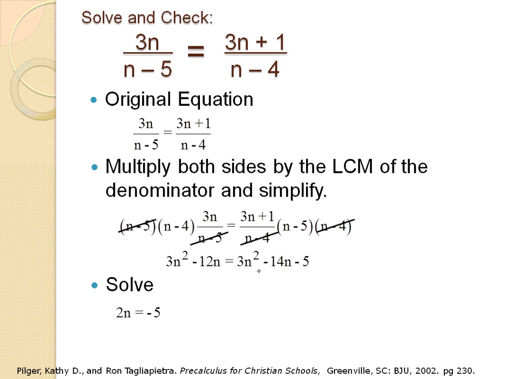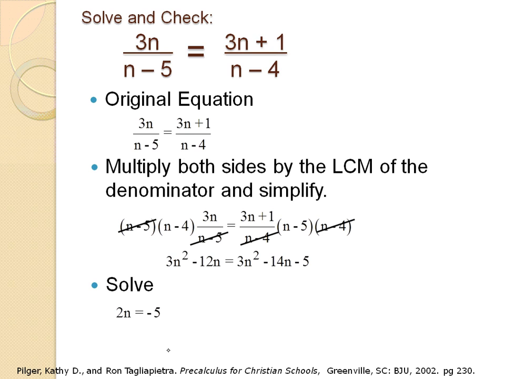Add 14n to both sides. Negative 12n plus 14n will just be 14n, and in fact I didn't set it equal to 0 because I realized we would just have a 2n over there, so it's equal to negative 5. Divide by 2, and you get your solution.